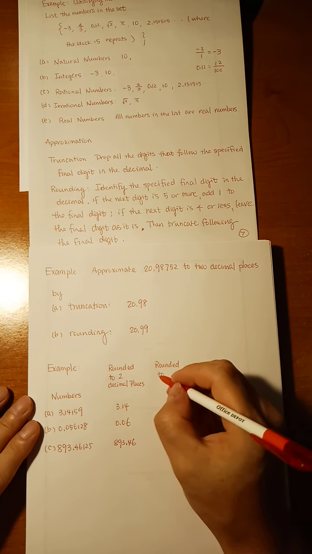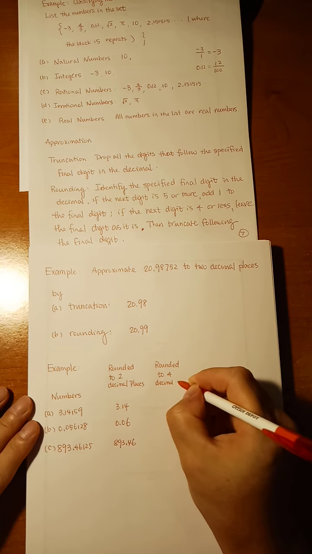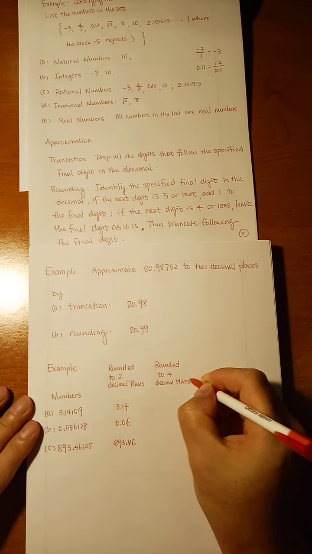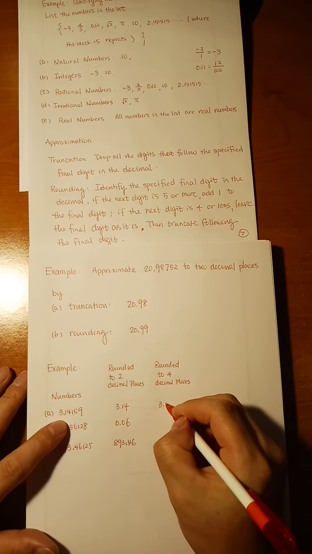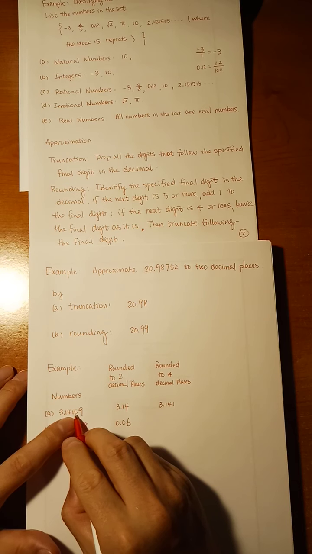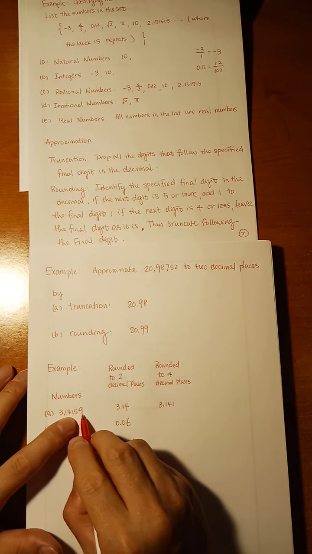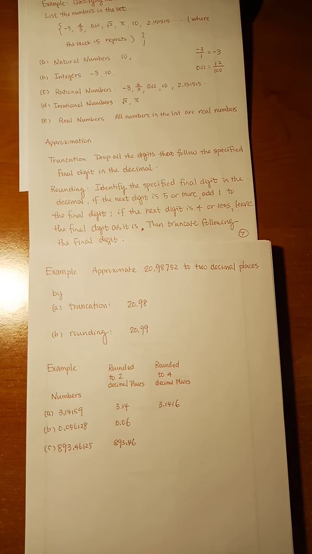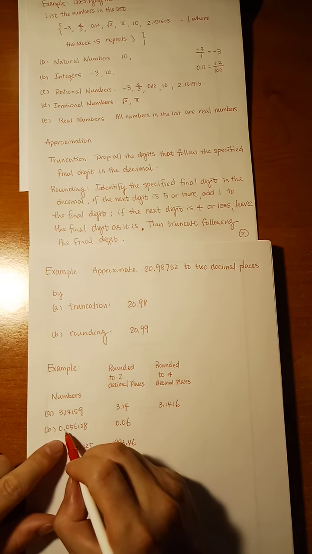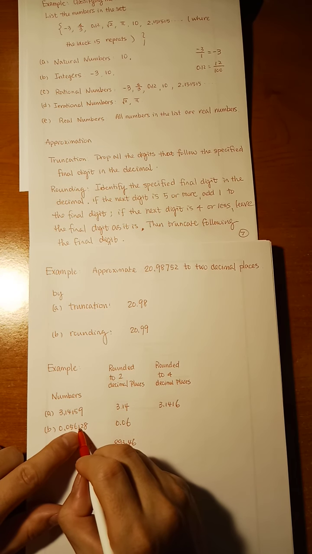Now round it to 4 decimal places. Let's check it. It's 3.1415. 5 is the final digit, and its next one is 9. 9 is bigger than 5, so you add 1. 3.1416. And here, 0.056, the final digit is 1.